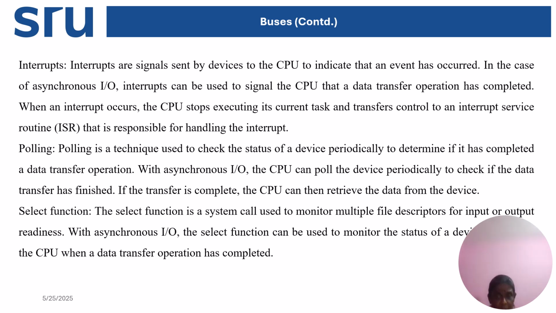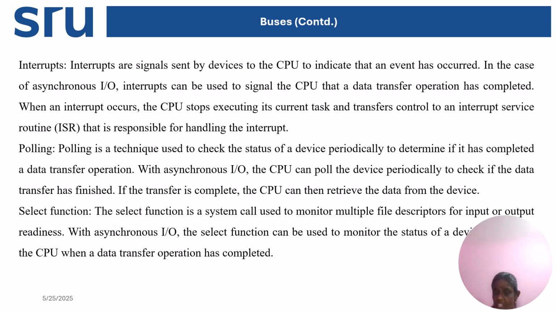So for the data transfer function, the control will transfer to the interrupt service routine, that is ISR, specifically written for the data transfer, and it is stored in a particular memory location.